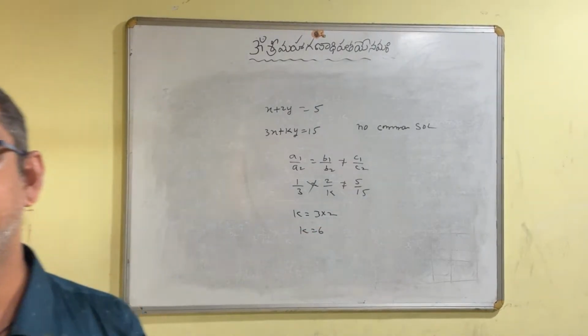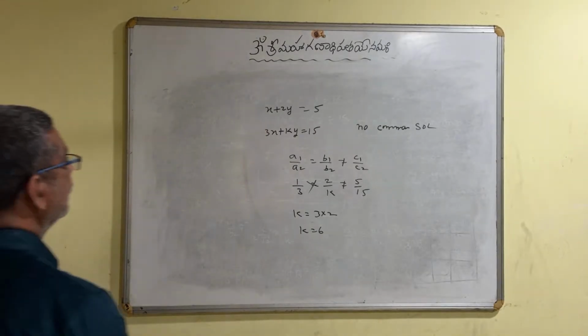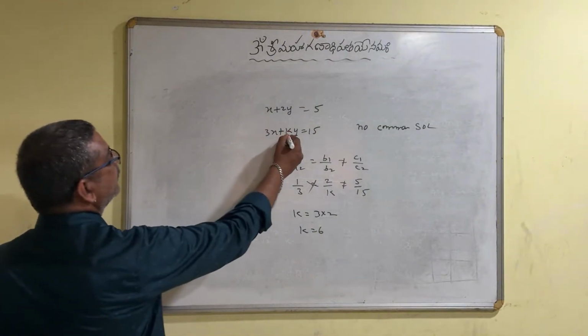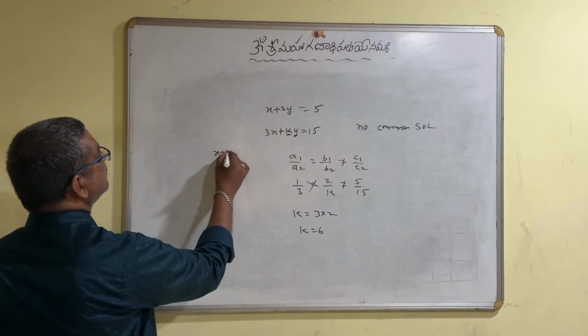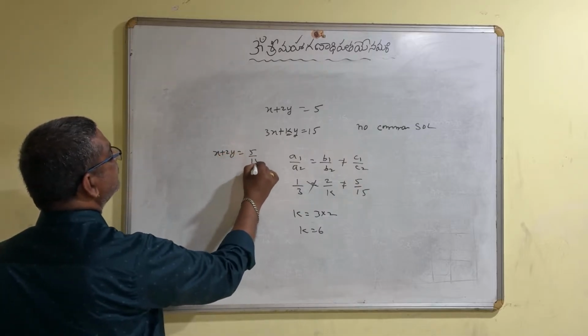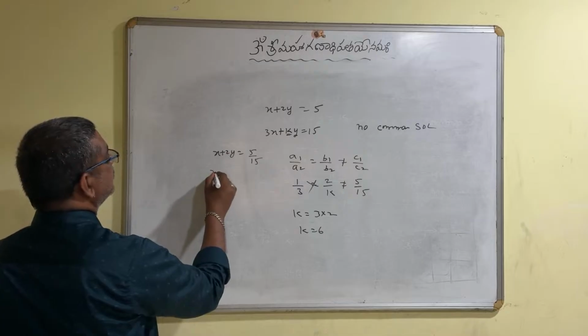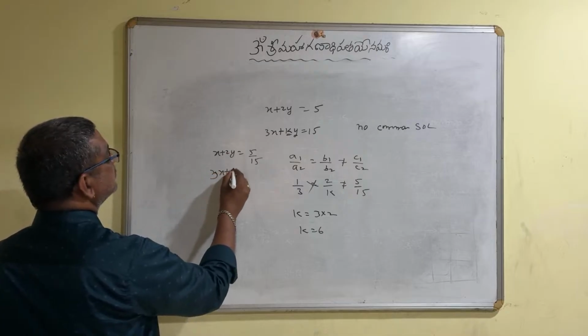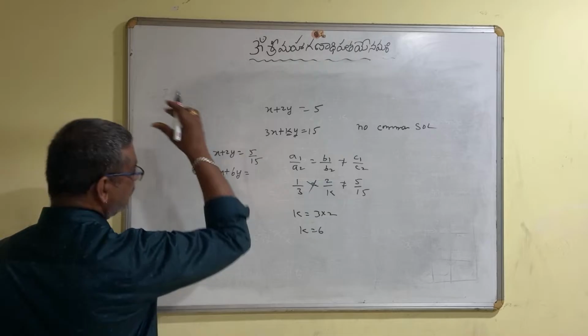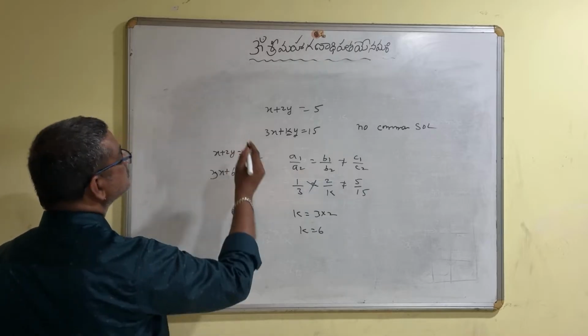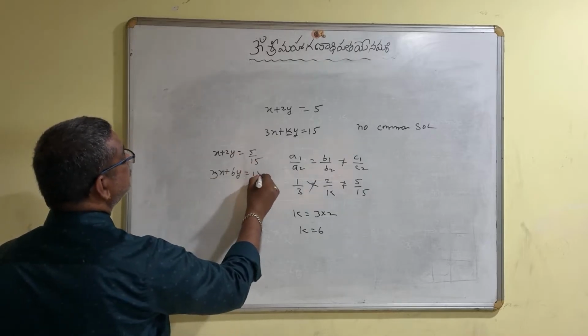Now keep 6 over here. x + 2y = 5 and 3x + 6y = 15.